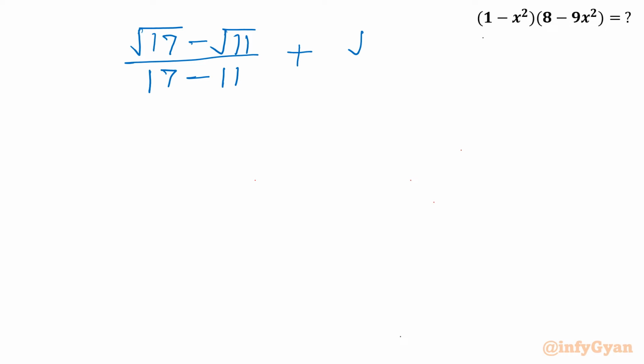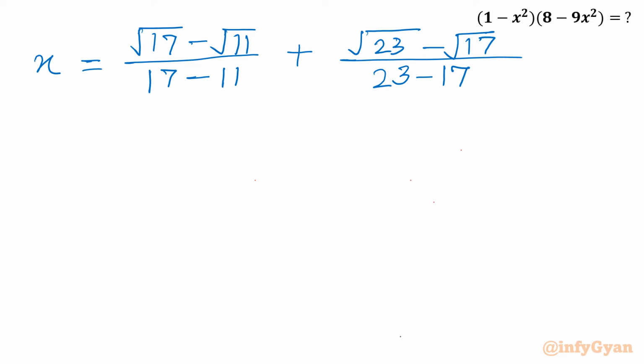Let's write. So I will be writing root 17 minus root 11 over 17 minus 11, first term, plus root 23 minus root 17 divided by 23 minus 17.